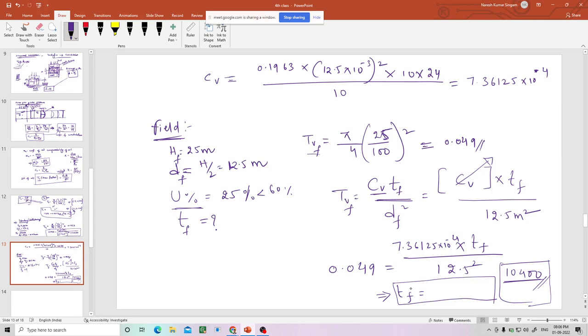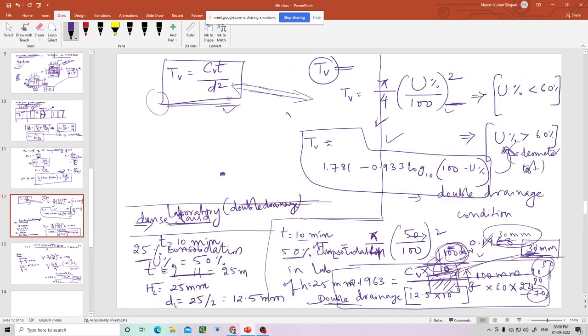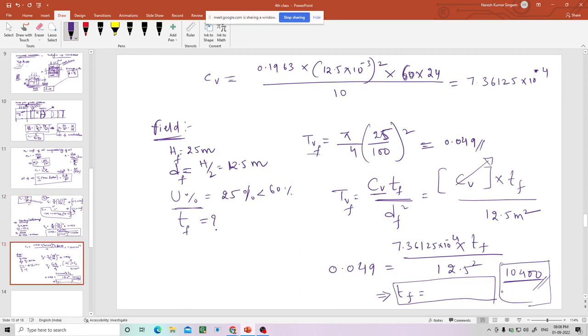What did we miss then? See, nobody told me whether it is 10 or 60. Actually, it is 60. This is 60, right? Because 60 minutes for an hour. Now tell me, what is the value of this and what is the value of TF?